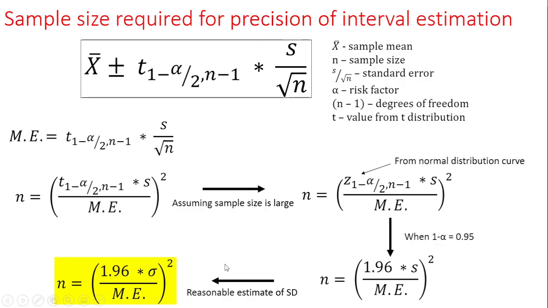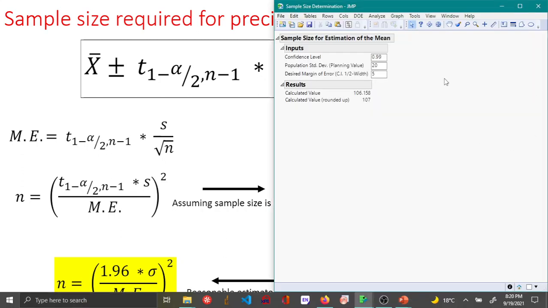You can see that the sample size is directly proportional to the square of the standard deviation, and also inversely proportional to the square of the interval that you are trying to estimate, or the precision. So you can always use this inbuilt calculator in order to determine the sample size.